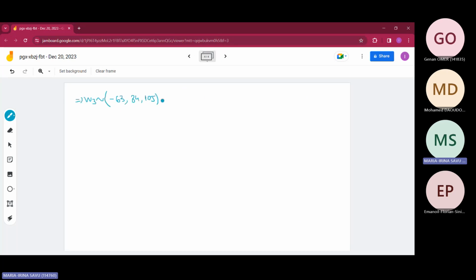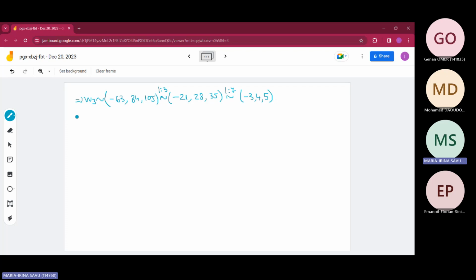But you can also divide by this factor. So you have minus 21, 28, and 35, right? Yes. And you can also divide this vector by 7. And you get minus 3, 4, and 5.